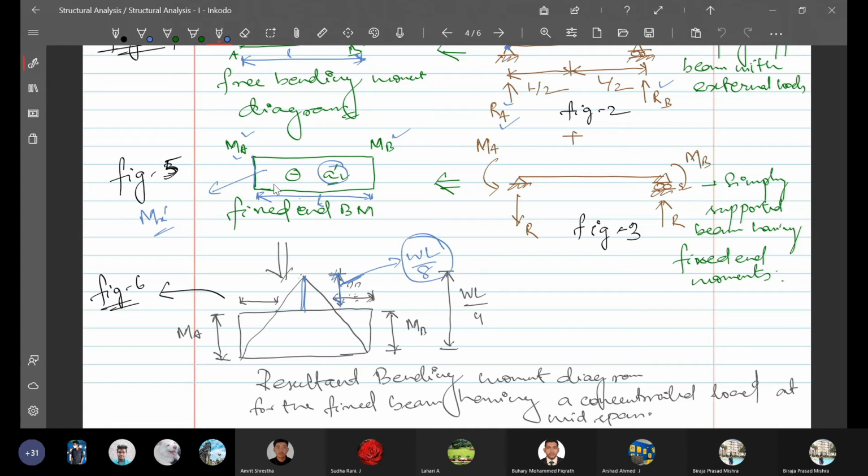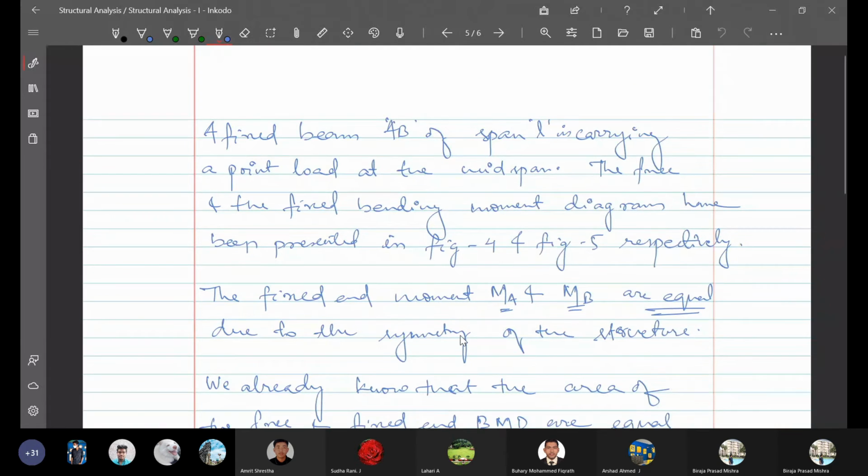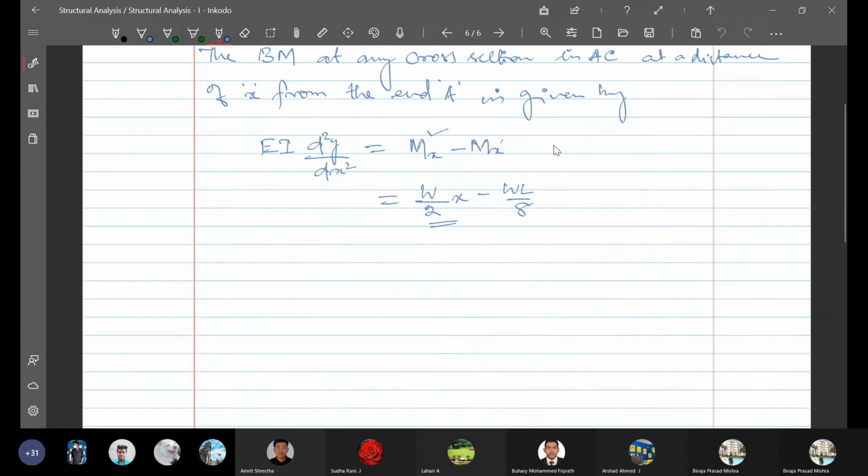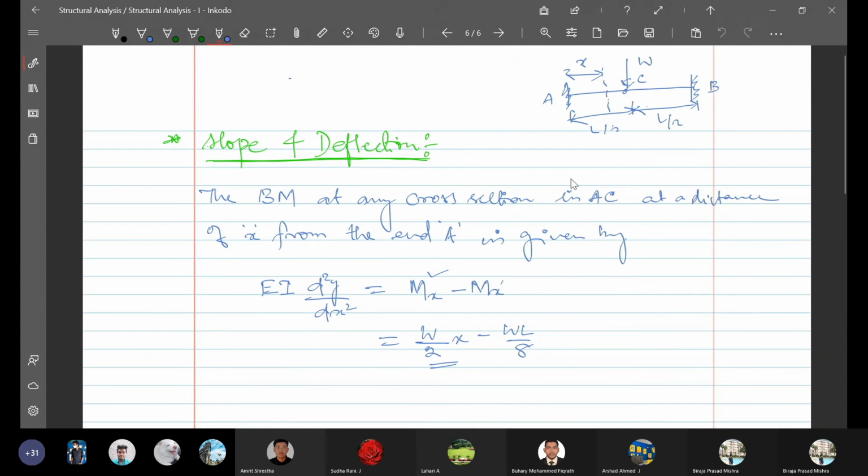Okay, so what I mean to say is, let us take the example of a simply supported beam so that you can understand it well.